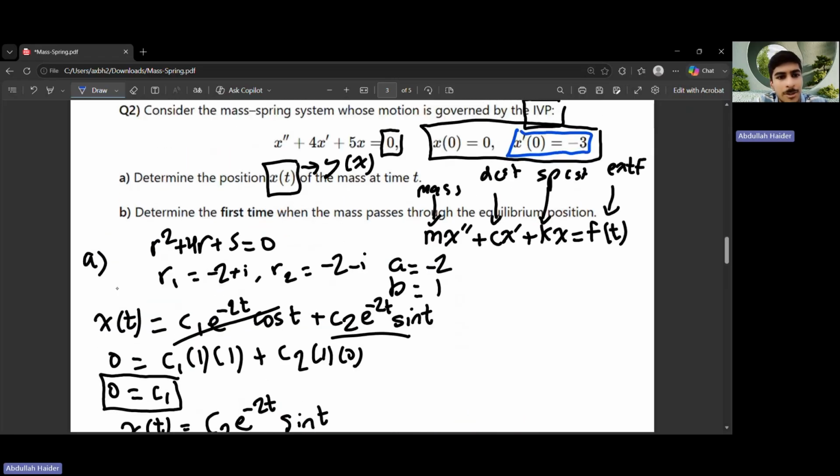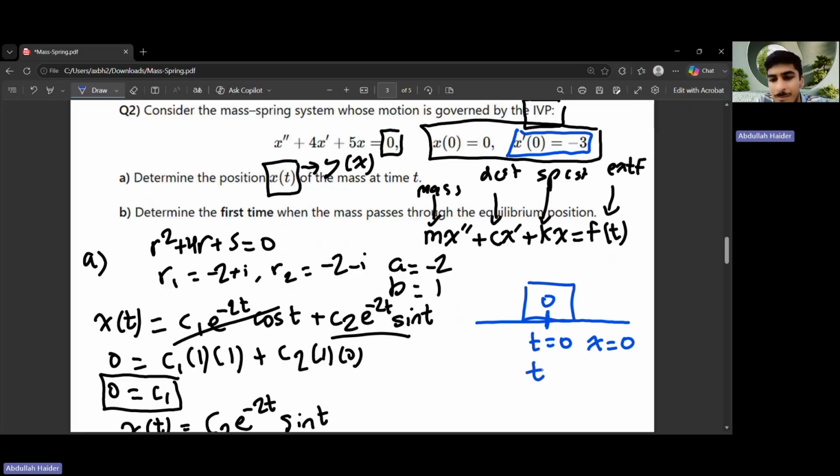Now, determine the first time when the mass passes through the equilibrium position. The first time. So let's assume that the mass was stationary at time equal to 0, and let's say this was the origin O. At t equals 0, x is equal to 1.